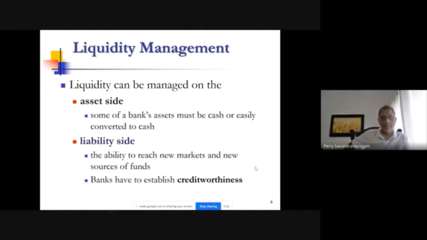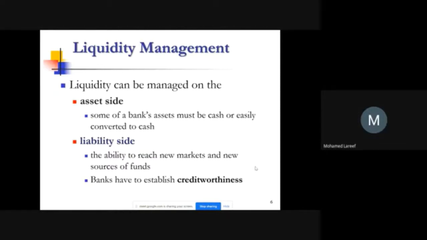Then what happens to your projections? Then what happens to your liquidity, etc.? It's going to be weakened.